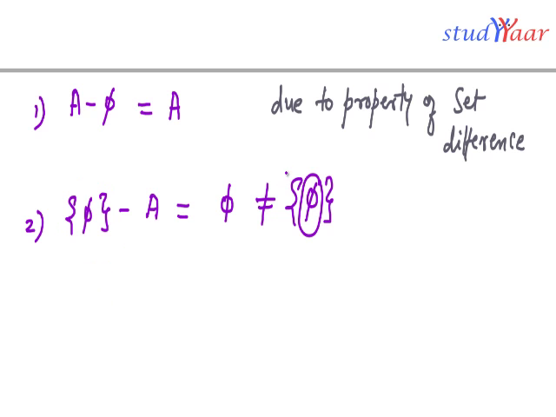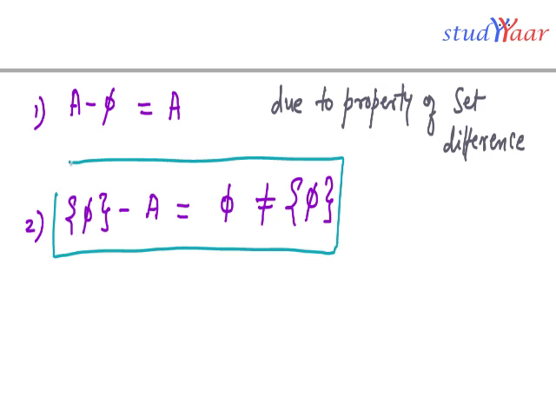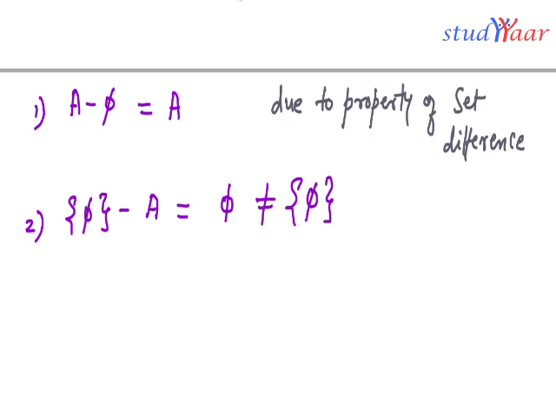We are looking at a null set, therefore we have this as the answer. This is a very important thing to keep in mind so that you understand the difference between a null set and a set containing a null set. Do not get confused between these two.